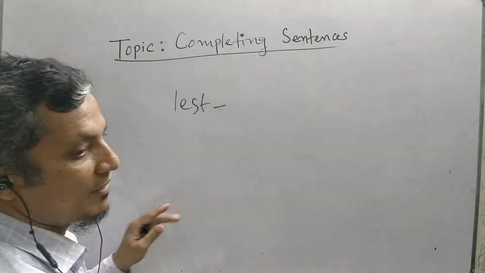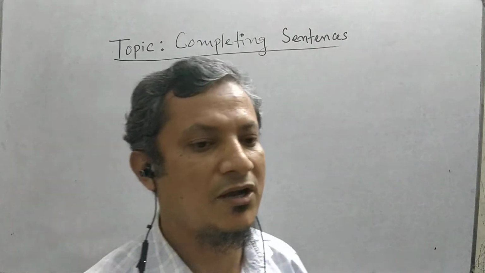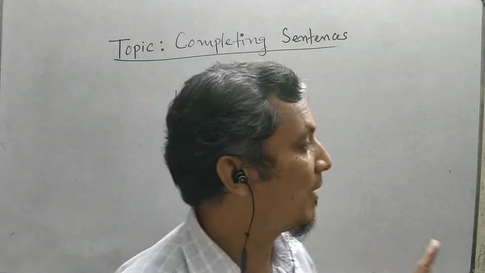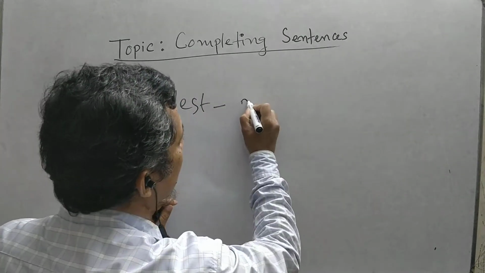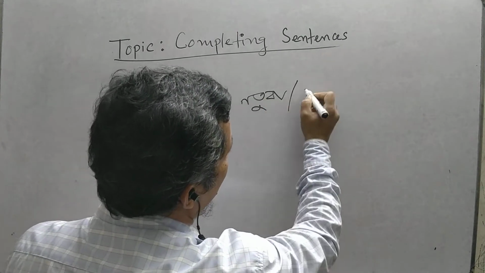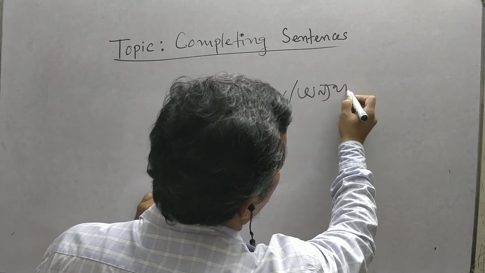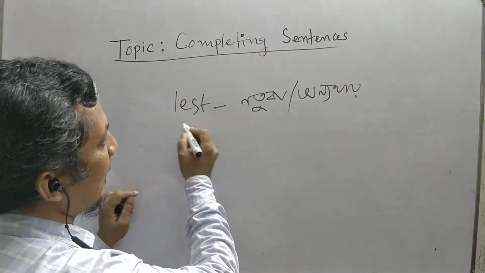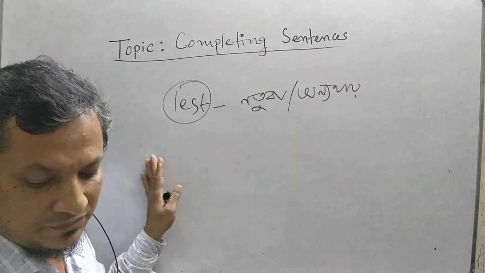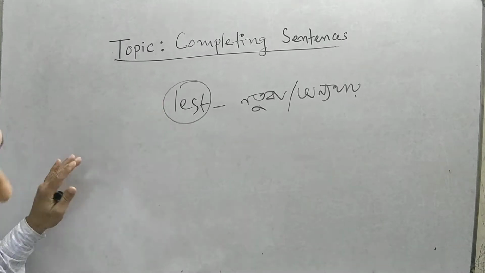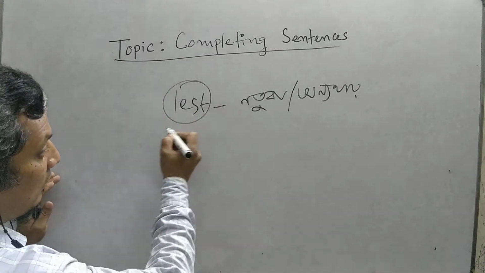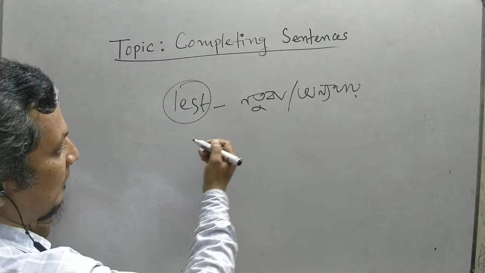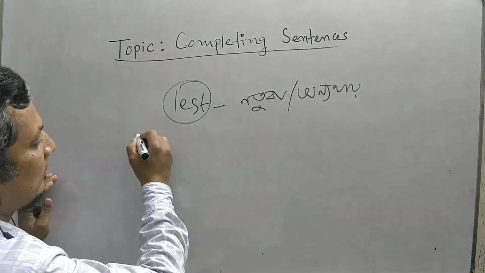Now, lest. What is the Bangla meaning of lest? The Bangla meaning of lest is pachhe or na hole. It is also used in negative form, in the last part of the sentence.